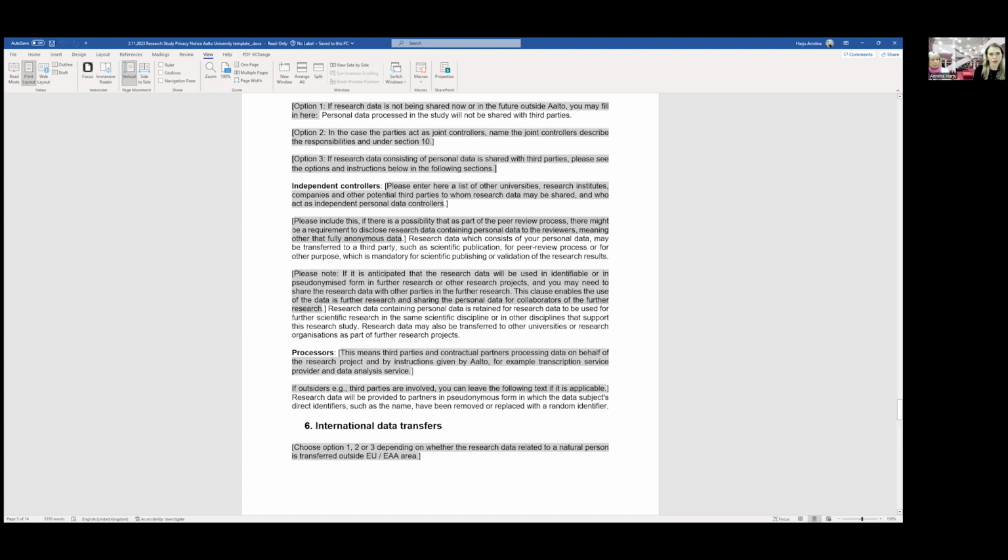Yes. And in this independent controller subsection, the last bit is about using the personal data for further research. So this is a bit tricky one because this is at the moment a little bit in the gray area. So we're not really sure.